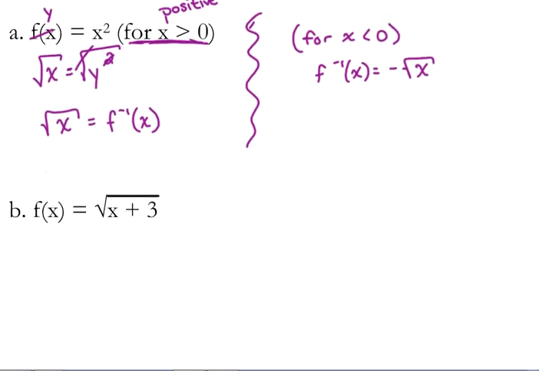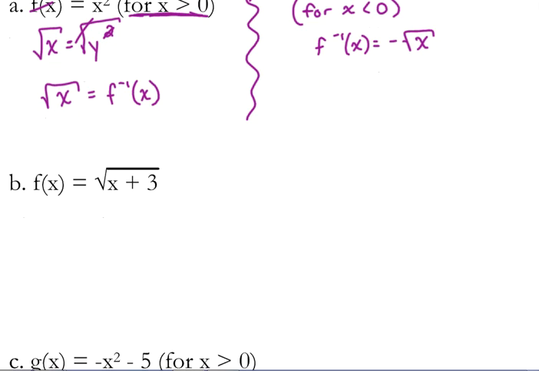All right, so we started with a squared function, a quadratic function, and its inverse was the square root. Oh, what if we start the other way around? Let's start with the square root. Let's see what we get for its inverse. If our function is f of x is equal to the square root of x plus 3. Again, f of x, fancy way of saying y, switch x and y.